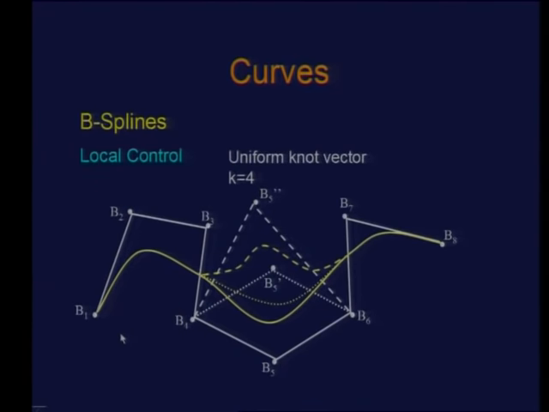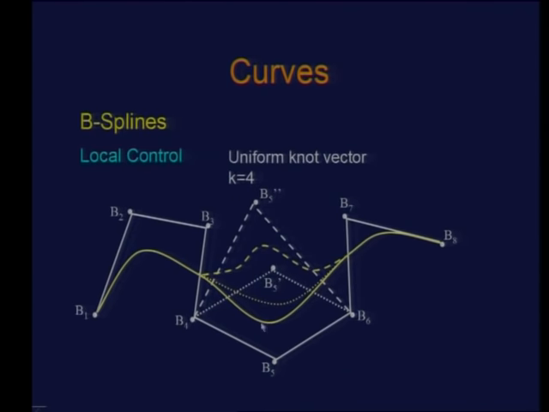So, let us say I have again a B spline defined through the control points, let us say from B 1 to B 8, again using an open uniform knot vector, and of the order k is equal to 4.